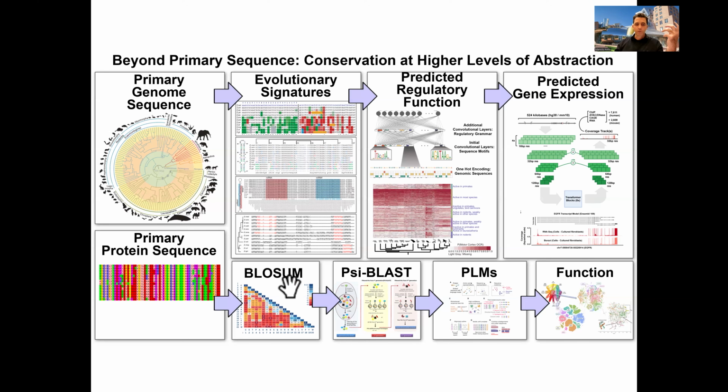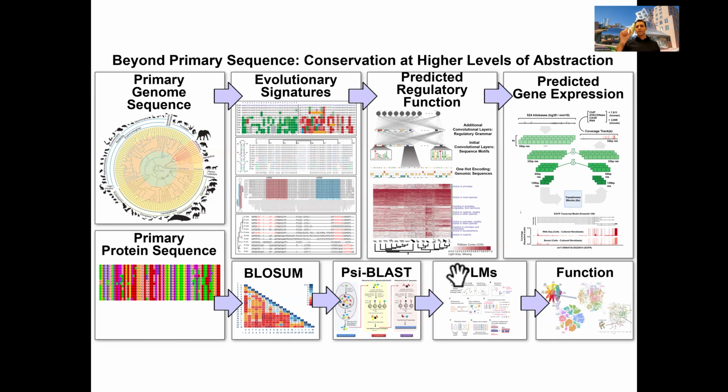And same for the primary sequence, you can look at the BLOSUM matrix, or you can use this iterative BLASTing, which first searches a sequence, then matches the first matches, and then using that, it can construct a profile hidden Markov model, profile HMM, that allows you to pay more attention to the positions that are more conserved in the first matches, and therefore use those to find further matches by refining your model in an iterative fashion.